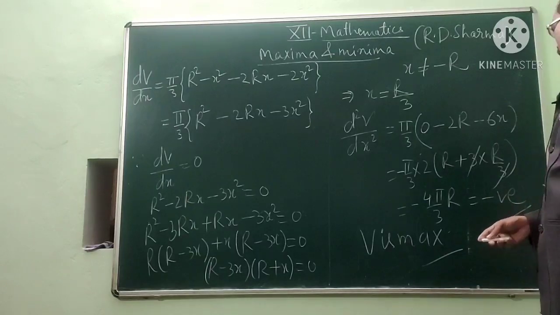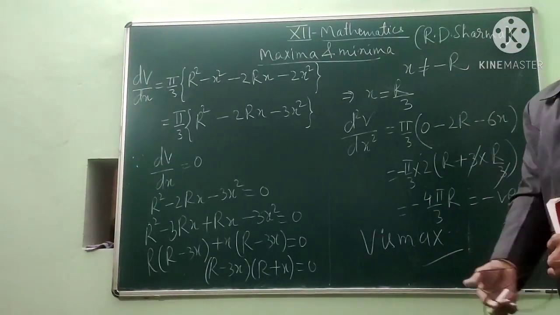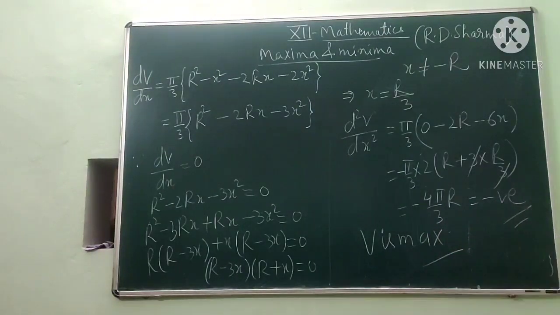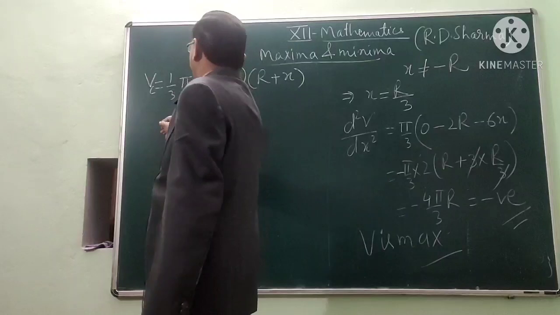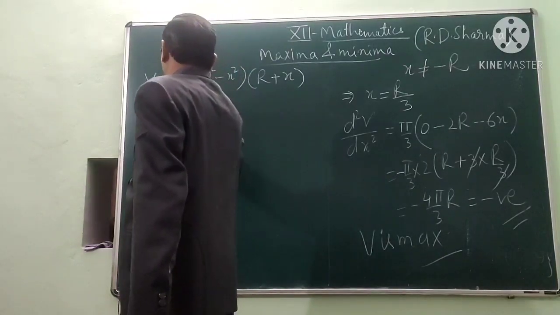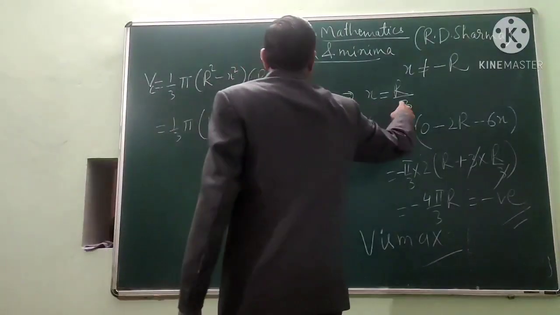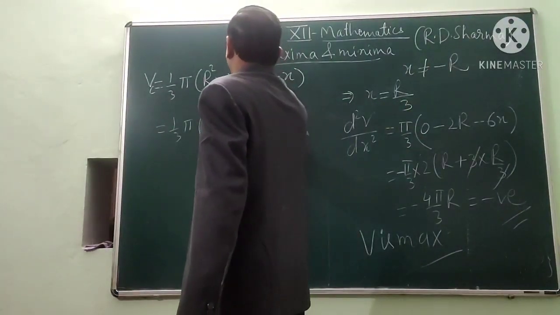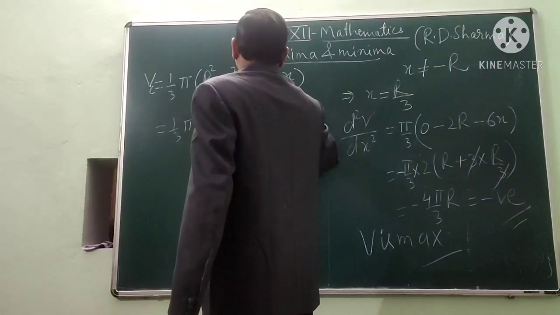Now we will find the volume of the cone. Student, volume of cone is this. So it is 1 upon 3 pi, capital R square minus the value of x, R upon 3, so it is R square upon 9, into R plus R upon 3.